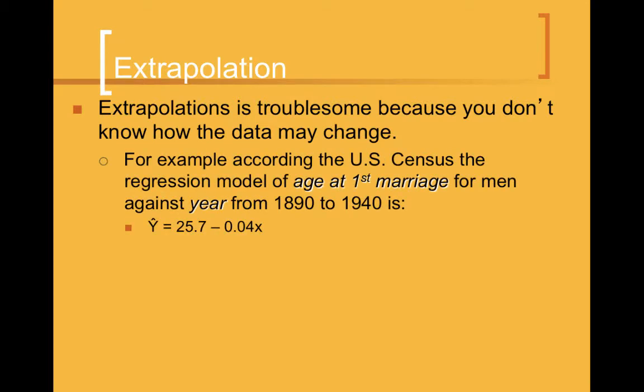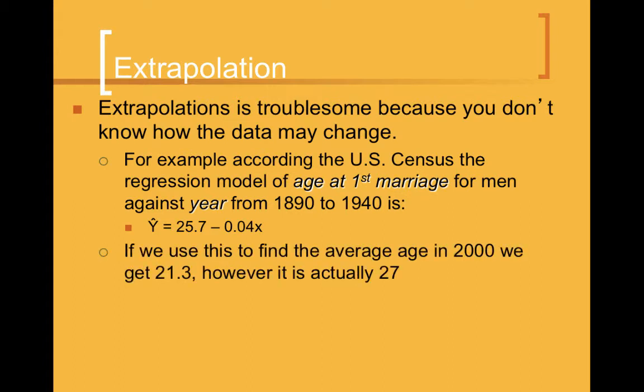However, if we take this example, according to the U.S. Census, the regression model for the age of first marriage for men, so the age that they were the first time they got married, against the year from 1890 to 1940 is found by the following equation. If we use this equation to predict the average age of their first marriage in the year 2000, we end up getting 21.3.